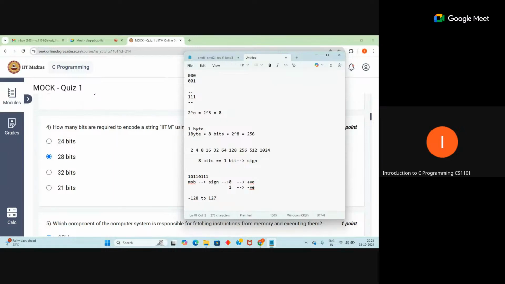These are the different 256 values that we can represent, including 0. So 8 bits can represent 256 different values, and those are minus 128 to 127.